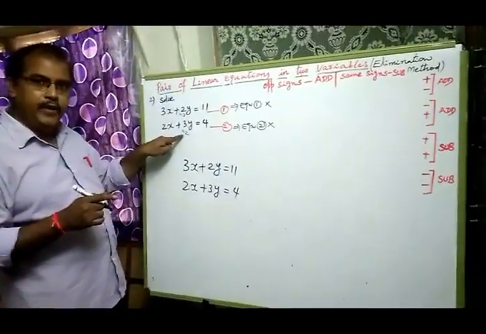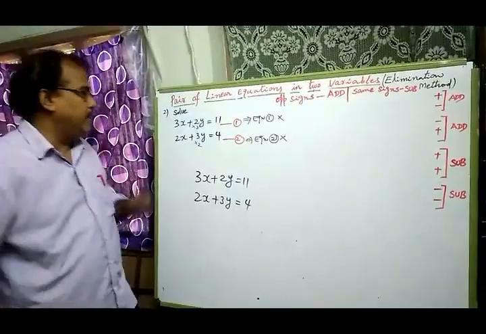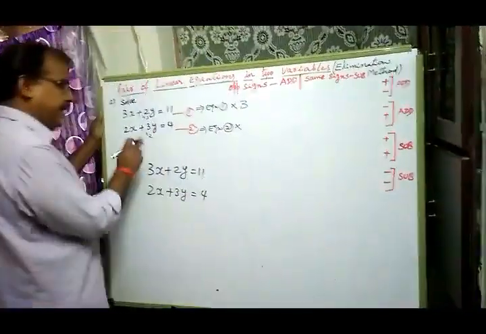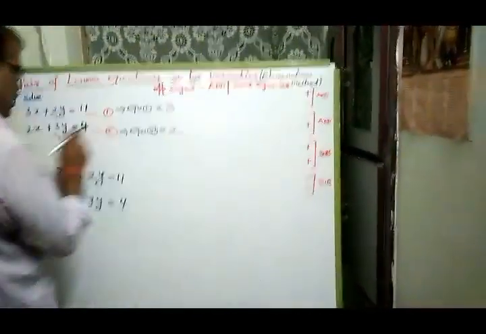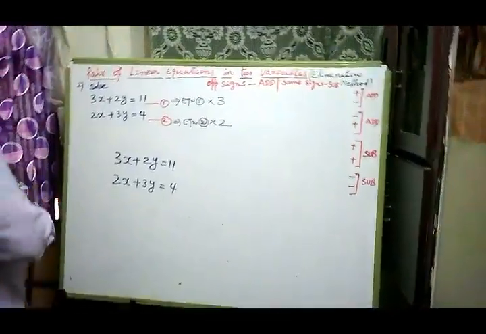If you multiply into 2, this will be 6. Carefully listen, this is very, very important. That's why the full equation I am going to multiply: equation 1 into constant 3, not only this one, the full equation. Equation 2 into constant 2.